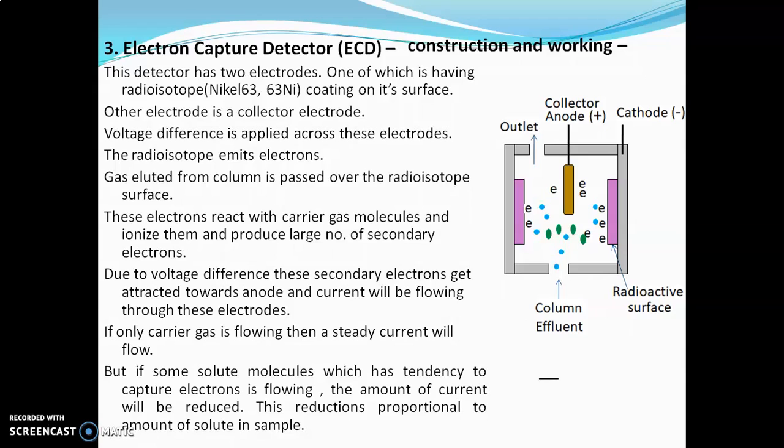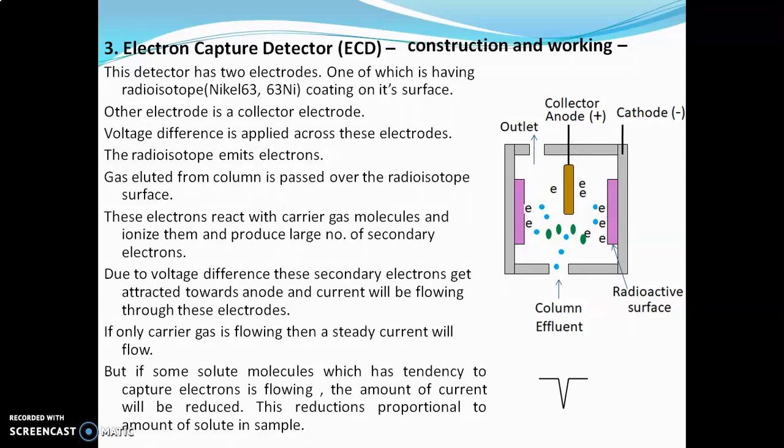Here in this detector, a steady current is flowing if only carrier gas is flowing through the detector, but if there are solute molecules which have a tendency to capture electrons, the amount of current will reduce, and as the solute molecules go out of the detector, they go to the exhaust, and the current will come back to its normal constant state.